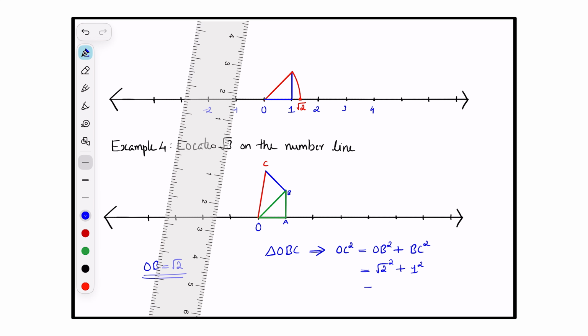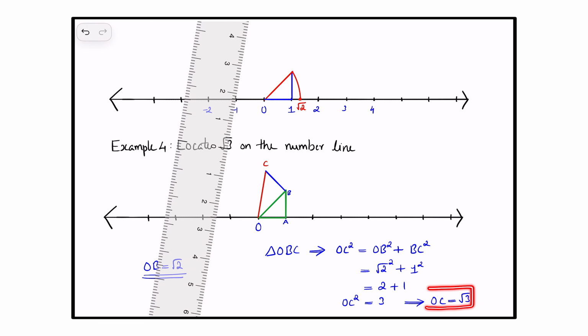This is going to be 2 plus 1, or OC square is going to be 3, implies the value of OC will be root 3. So we have now constructed a line of length root 3 in size, which is this OC.